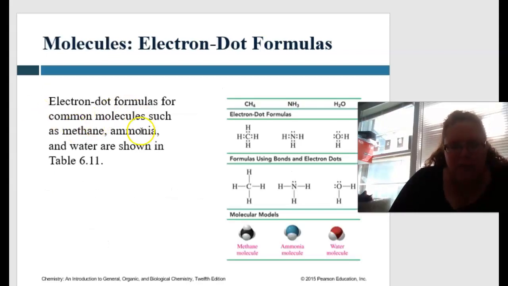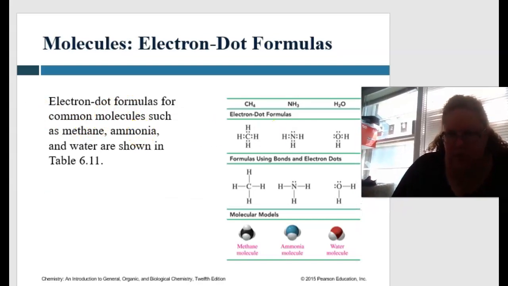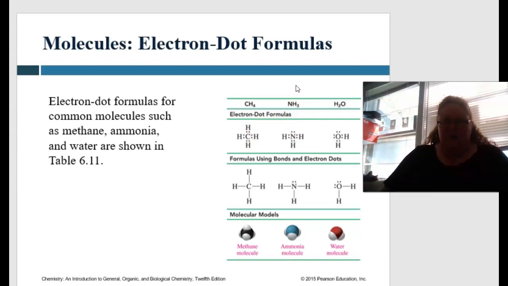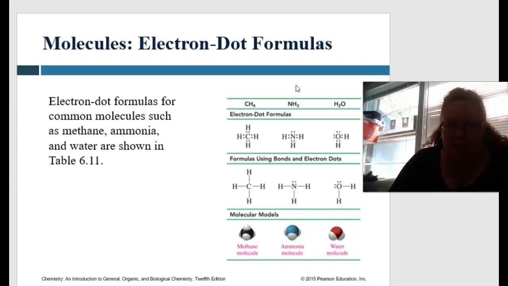The electron dot formulas for common molecules such as methane, ammonia, and water are going to be shown here. And again, just try to get to that magic 8 number by filling with hydrogens. So figure out what your center guy has, and then, like, I call it, hydrogens are filler molecules. They make it so things are stable. If we need them, we pull them in. They're great sharers, and that's awesome.